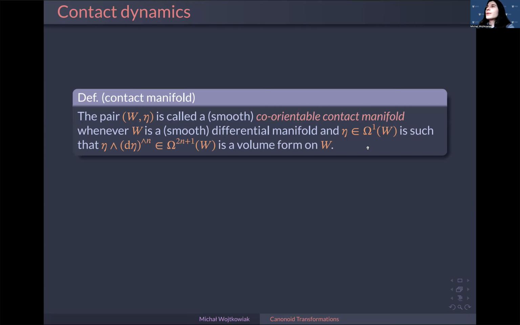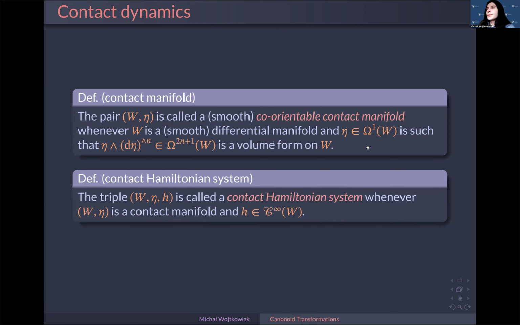So I will denote contact manifolds. I will only talk about coorientable contact manifolds for now. So for us, it will be a pair W and eta, where eta is the contact form. And again, just imposing a smooth function will give us a contact Hamiltonian system.